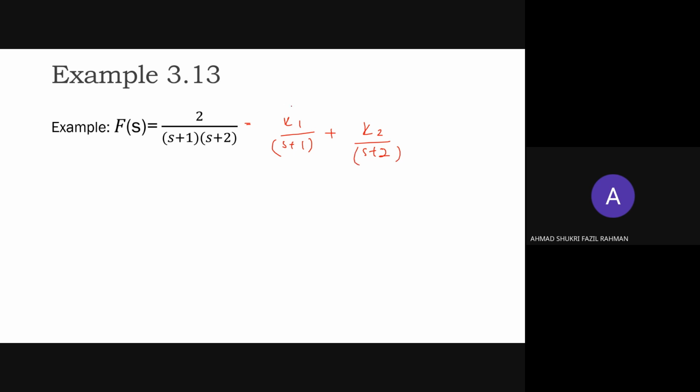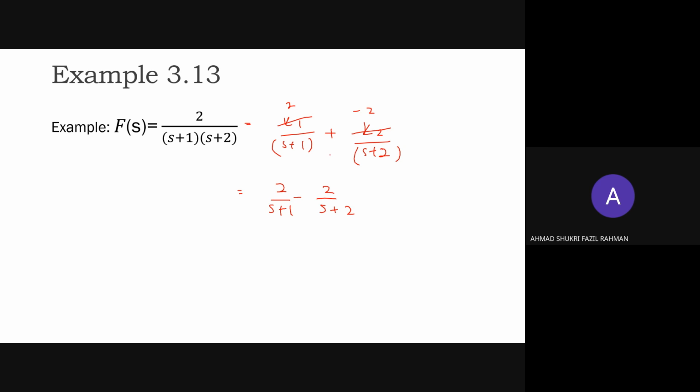We know that K1 is actually 2 and K2 is actually minus 2. So it will become 2 over S plus 1, sorry, this one should be minus, minus 2 over S plus 2.